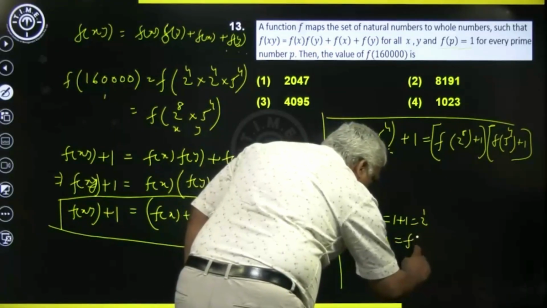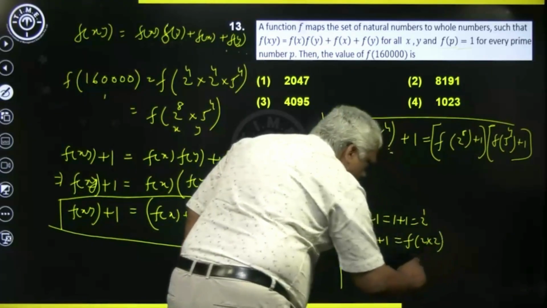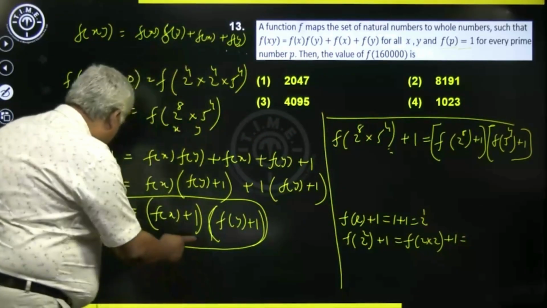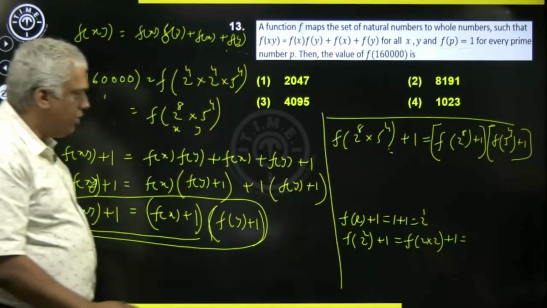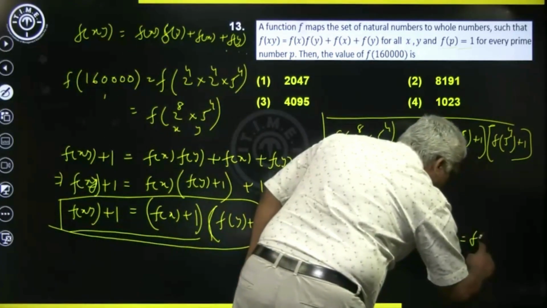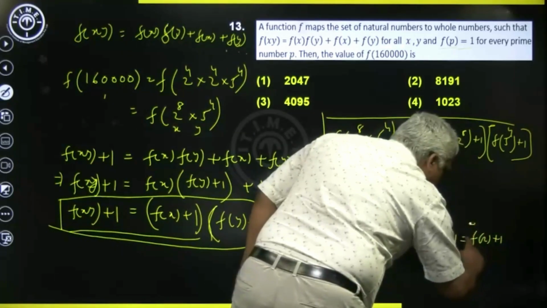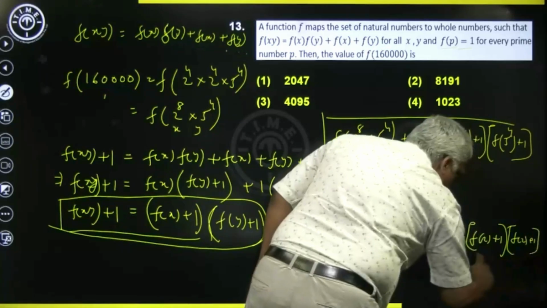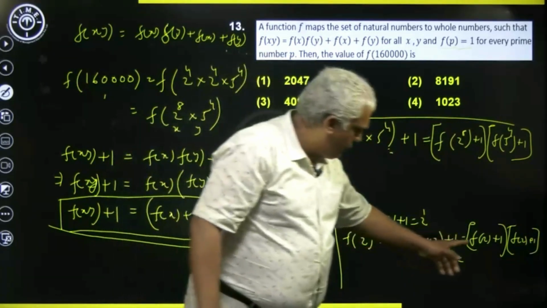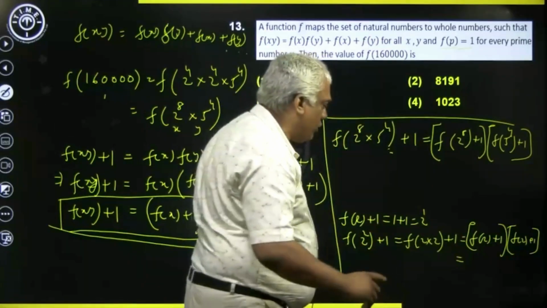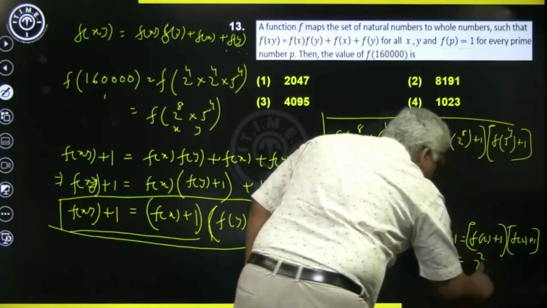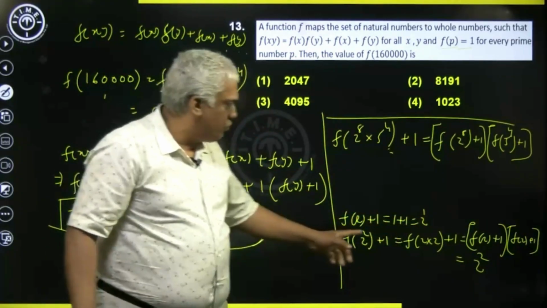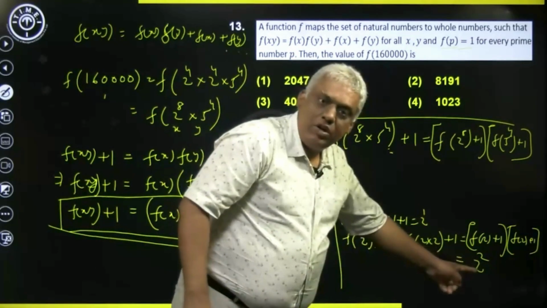We can write f of 2 into 2 plus 1, which by this concept is f of 2 plus 1 into f of 2 plus 1. f of 2 is again 1, so it is 2 into 2, which is 2 square. So you see, f of 2 plus 1 is 2 to the power 1, f of 2 square plus 1 is 2 to the power 2.